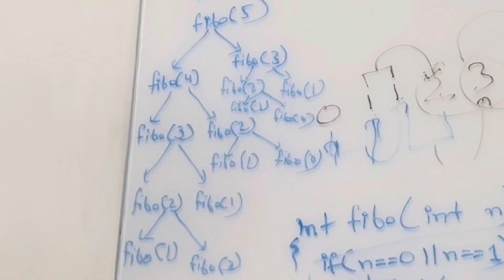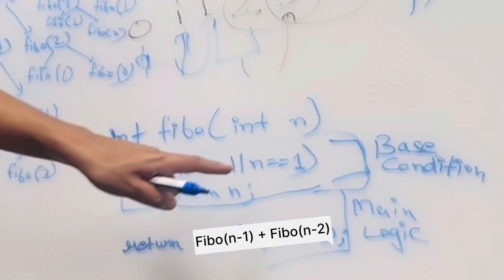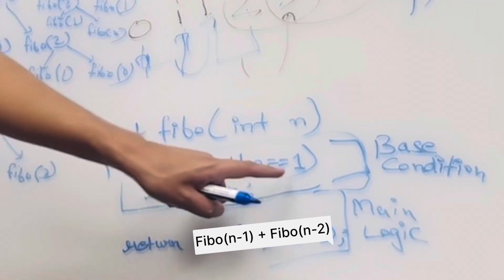So this is our recursive tree. You can see what our leaf nodes are here. Our leaf nodes are the base conditions, 0 and 1.